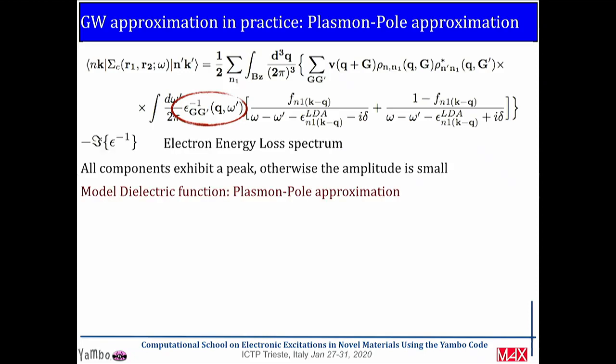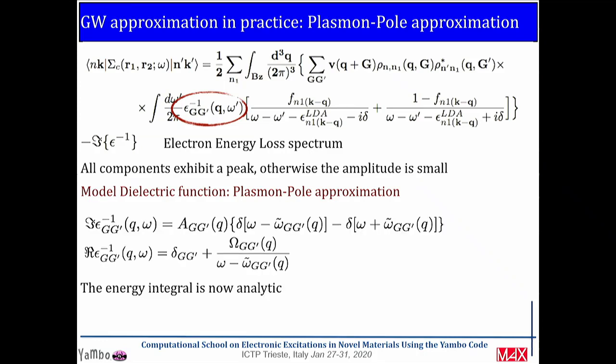Usually, this is done in many of these codes, and Yambo also makes use of an approximation. We model this matrix. Each element of the matrix can be modeled. Usually, the imaginary part of epsilon minus 1, the macroscopic component, has a sharp excitation peak, the plasmon peak. So in many cases we can make the bold approximation that our function is a peaked function around its plasmon frequency.